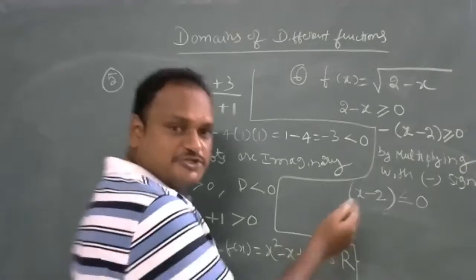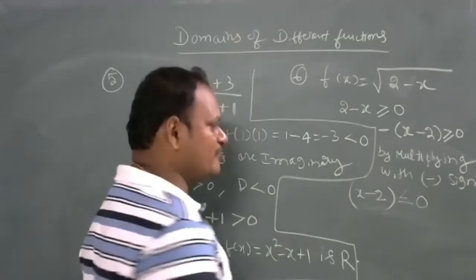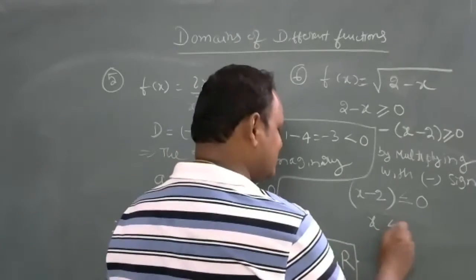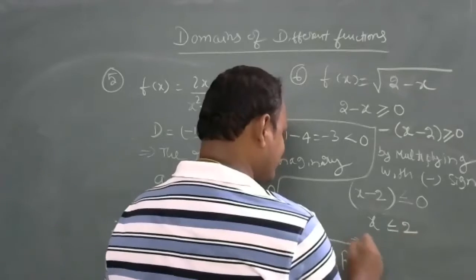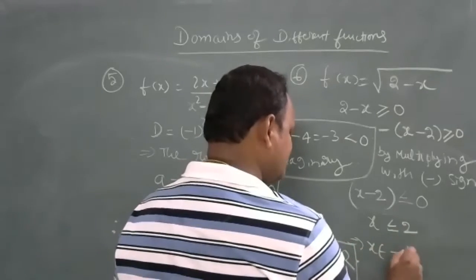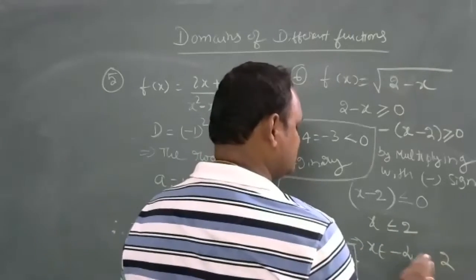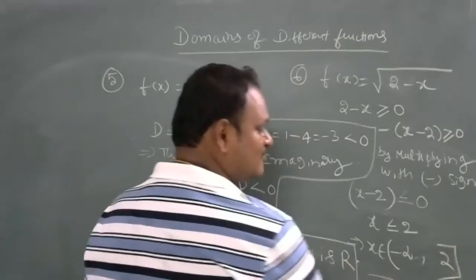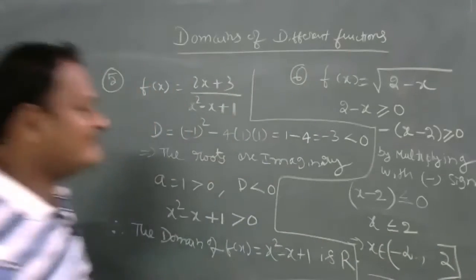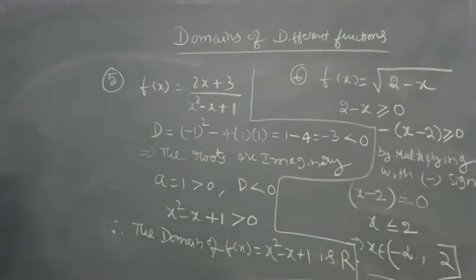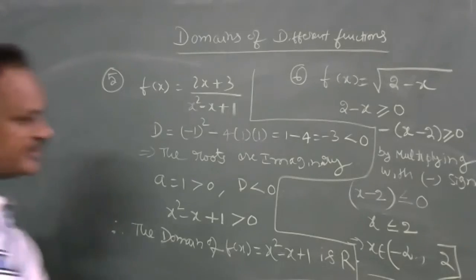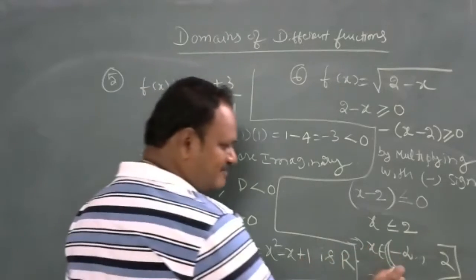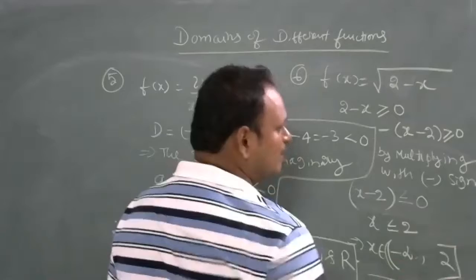That's why x minus 2 is lesser than or equal to 0. That means x is lesser than or equal to 2, so x belongs to minus infinity to 2, where 2 is included. This is the domain of f of x when we have square root of 2 minus x.